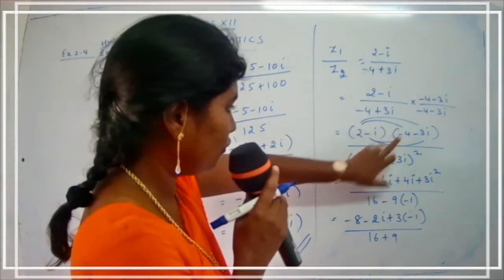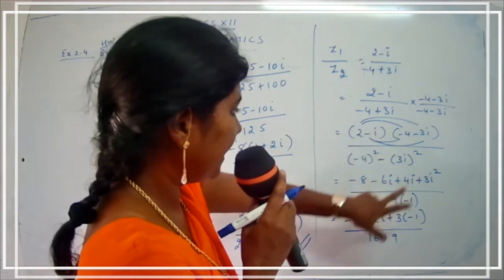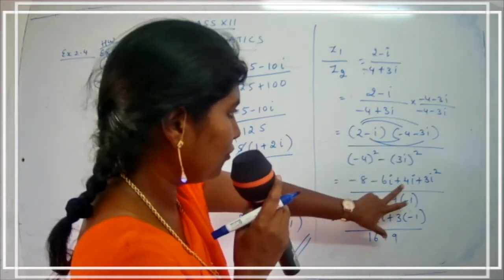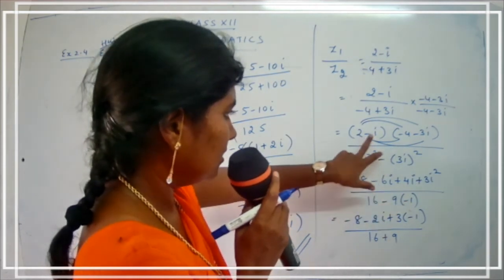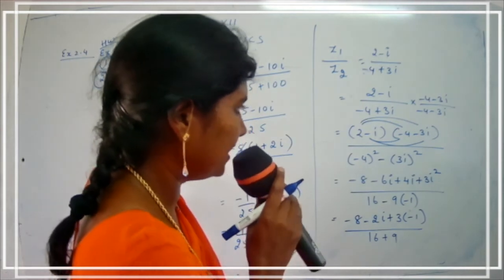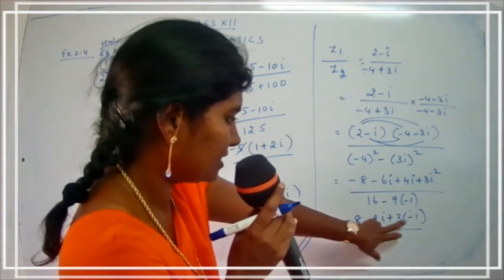Two into minus 4 is minus 8. 2 into minus 3i is minus 6i. Minus i into minus 4 plus 4i, yes, that's correct. And minus i into minus 3i, so plus 3i square, that's correct. So this is minus 8 minus 2i plus 3 into minus 1.